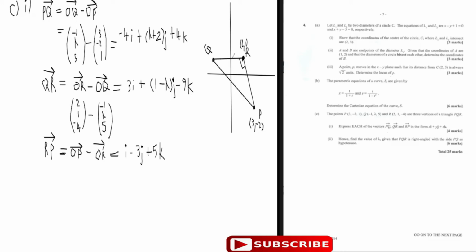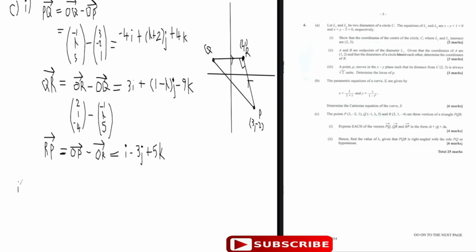So generally, what that means is, since we have QR, QR dot PR must be equal to 0. So since the angle at R is 90, this is part 2.